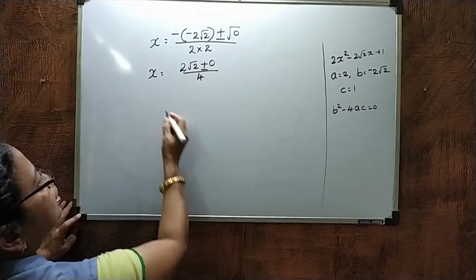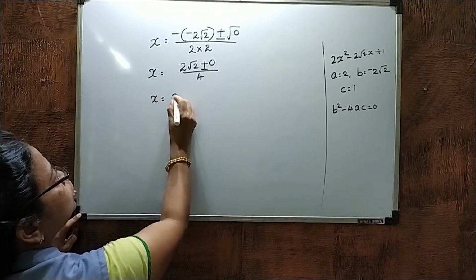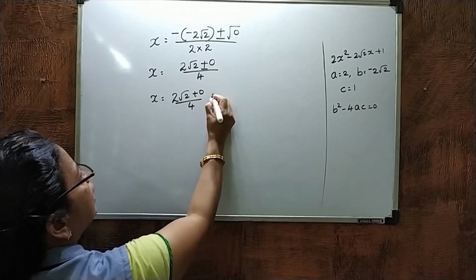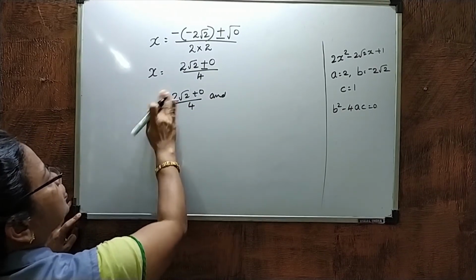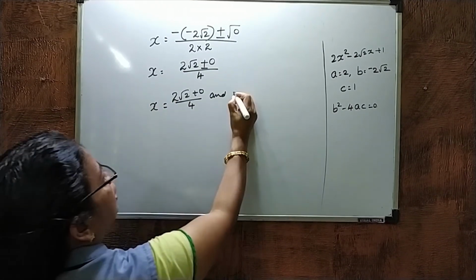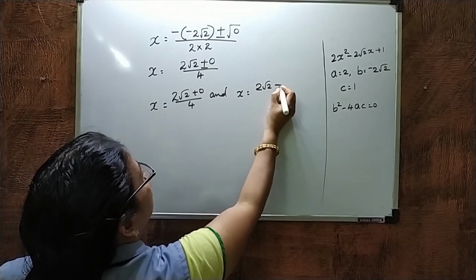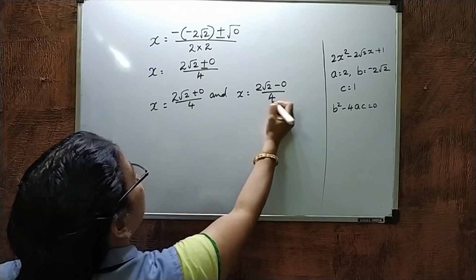Okay. So it will be x is equal to 2 root 2 plus 0 by 4, and x is equal to 2 root 2 minus 0 divided by 4.